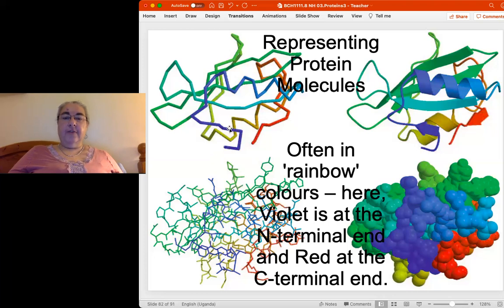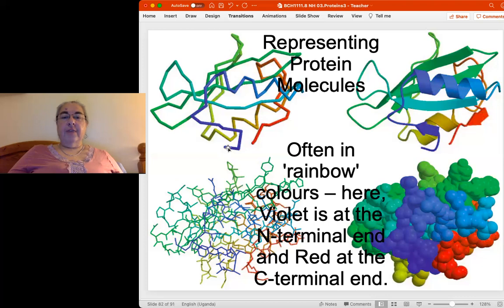So if you follow through, you can see violet changing to blue, changing to green somewhere here, changing to yellow here, to orange, and changing to red.